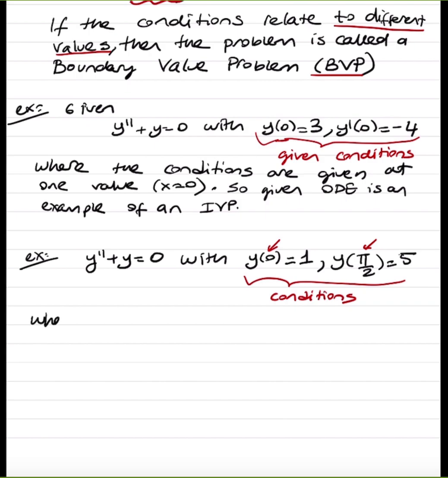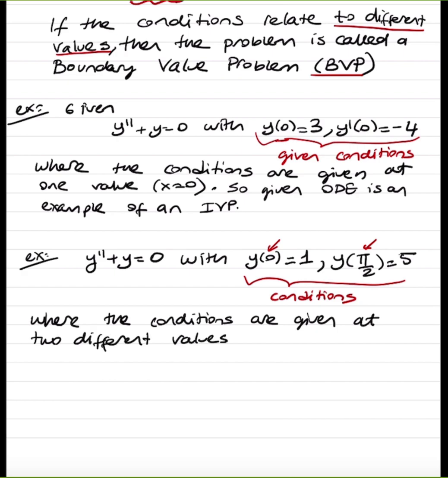So the conditions are given at two different values, which are x is equal to 0 and x is equal to pi over 2. That is why it is an example of a boundary value problem.